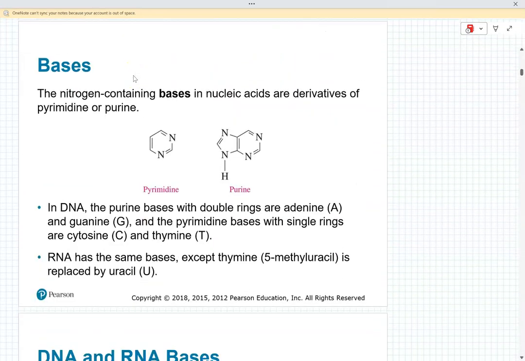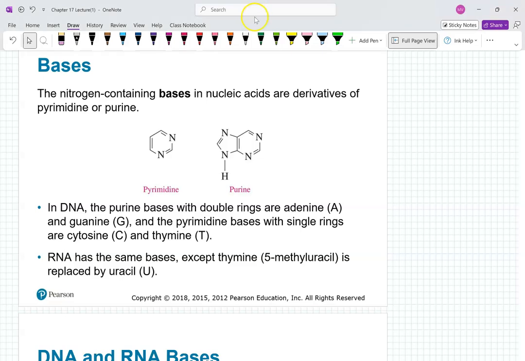So now let's take a closer look at these bases. Bases can be of two types. They can be purines or pyrimidines, okay? Out of the 4 bases that can be found in any nucleic acid, 2 types are purine bases, 2 types are pyrimidine bases.